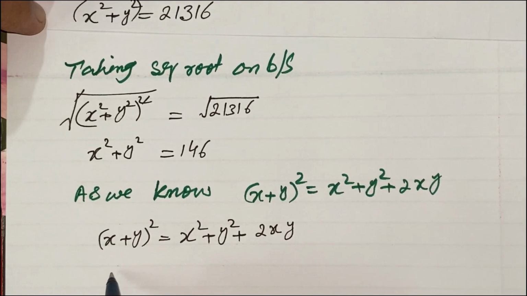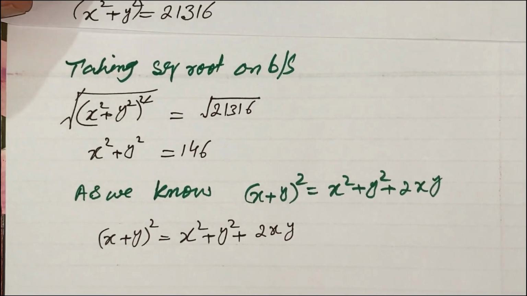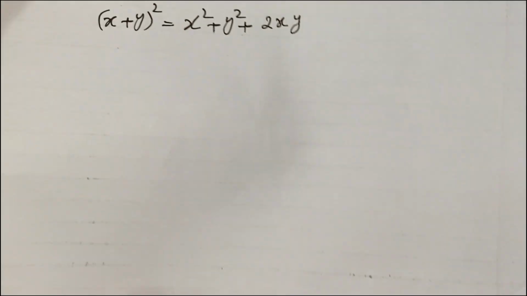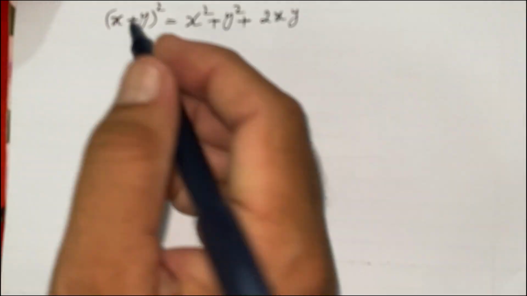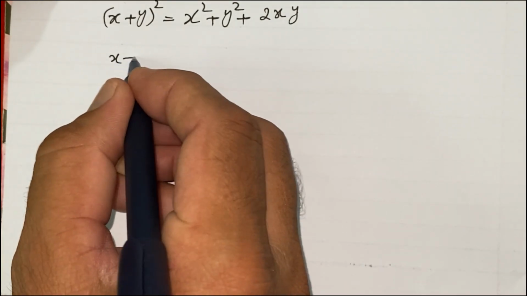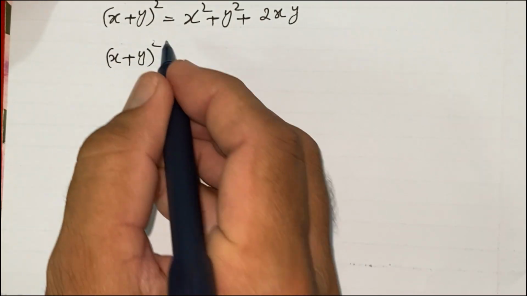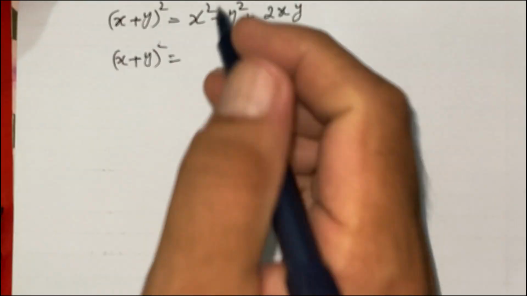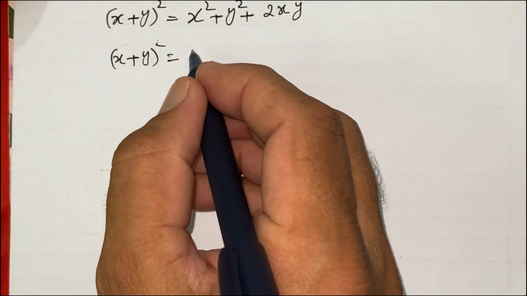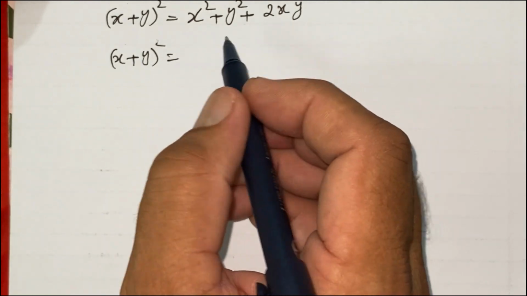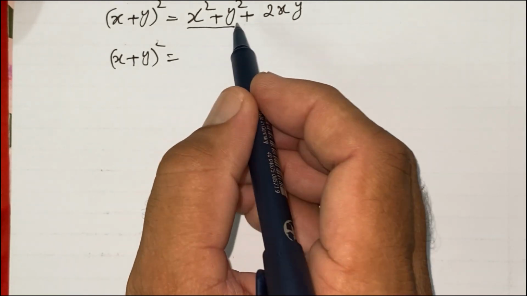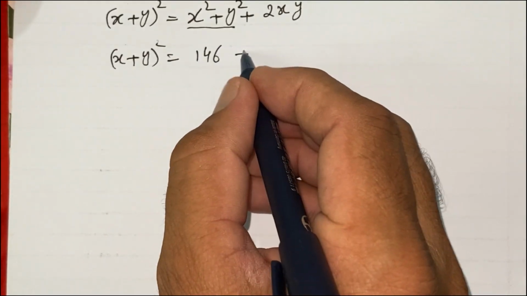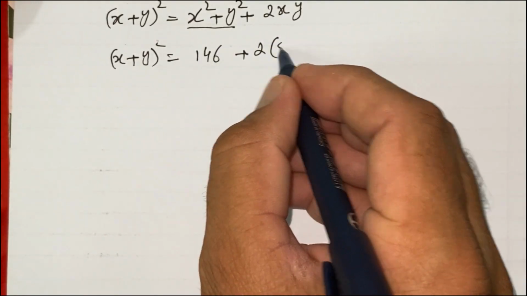Then x plus y whole square is equal to x square plus y square is equal to 146 plus 2 into 55.